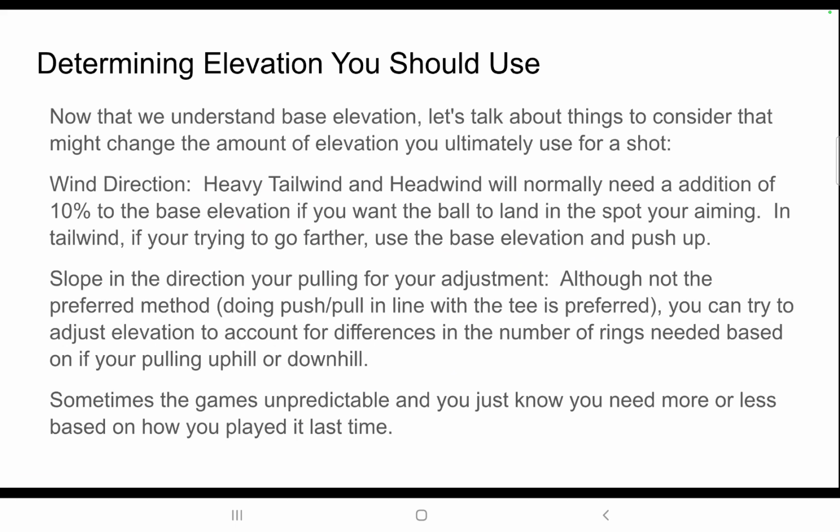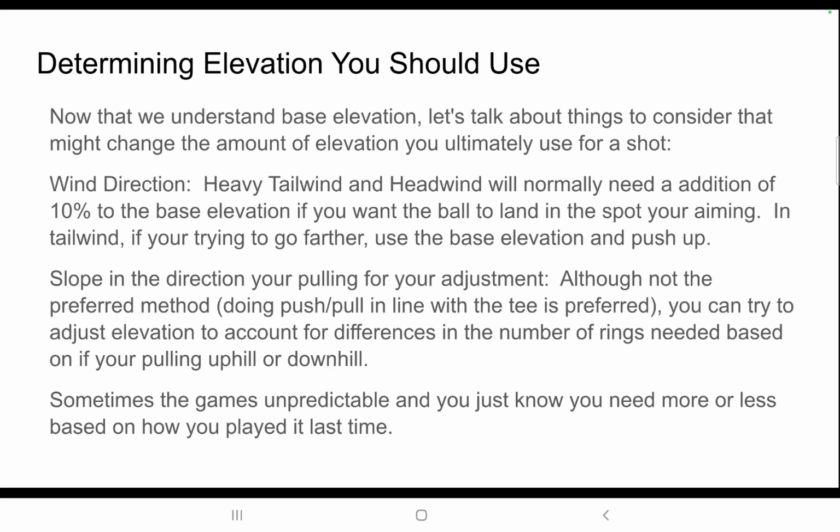If you're pulling up or down a hill, we typically will do that in straight tail or straight head wind angles to account for the changed number of rings for that pull. But we don't recommend it in crosswind angles if you're pulling up or down a hill. We would tell you to really adjust push or pull for some of those things, but that'll be for another video.